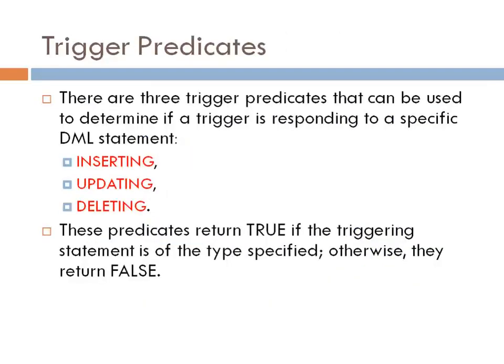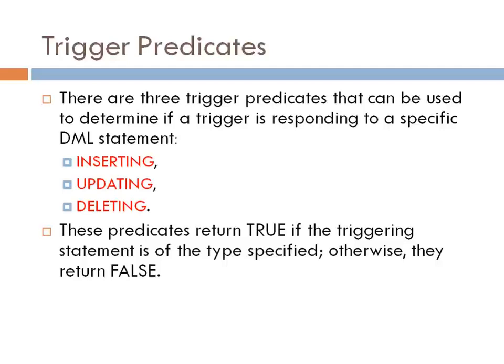Then the trigger predicates. Trigger predicates means that on the basis of these you can define certain actions in the trigger block. So these are the three trigger predicates that can be used to determine if a trigger is responding to a specific DML statement. These trigger predicates are inserting, updating and deleting. If you have given the insert statement on the table, then the inserting predicate will have the true value.